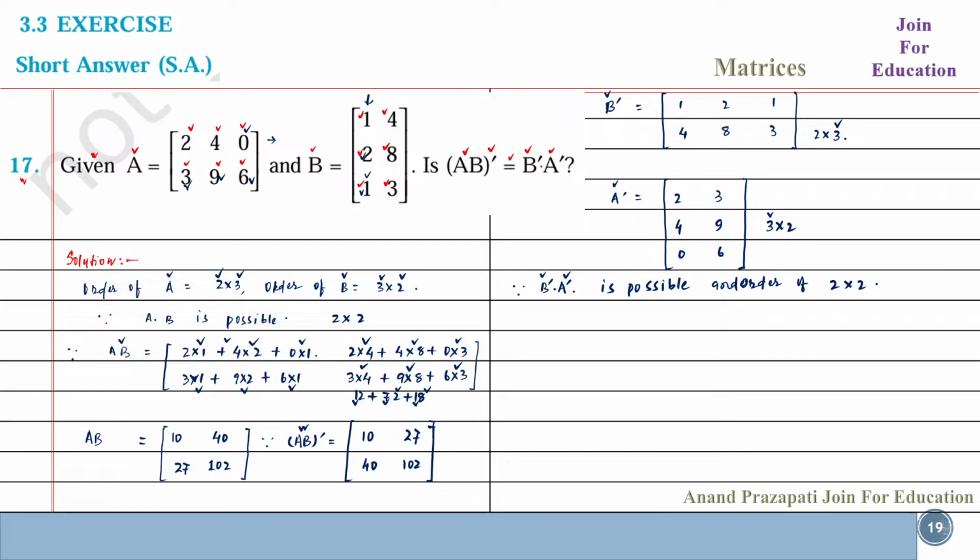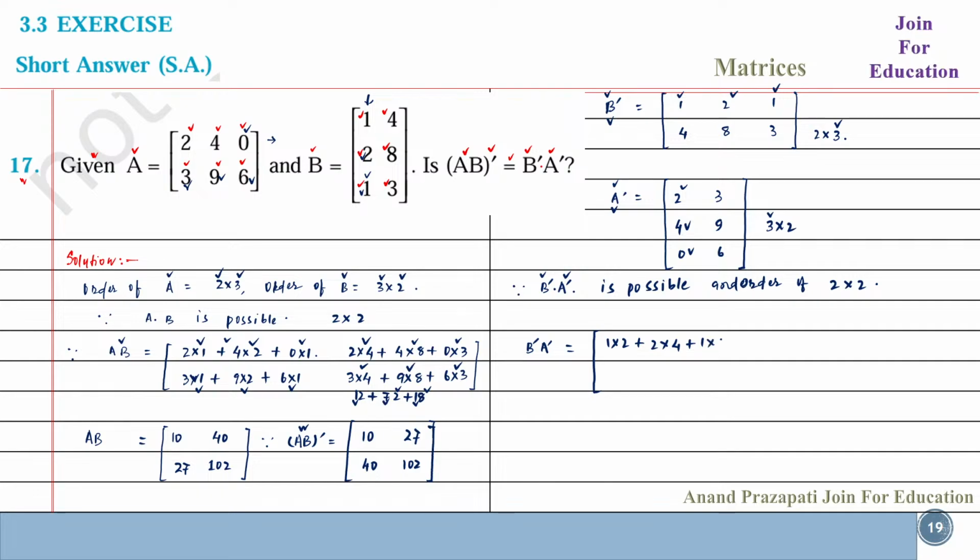Therefore for the product of the transpose of B into A, consider the first row multiplied by the first column, then we get 1 into 2, 2 into 4, and 1 into 0. So the transpose of B into the transpose of A equal to, we write down here 1 into 2 plus 2 into 4 plus 1 into 0.